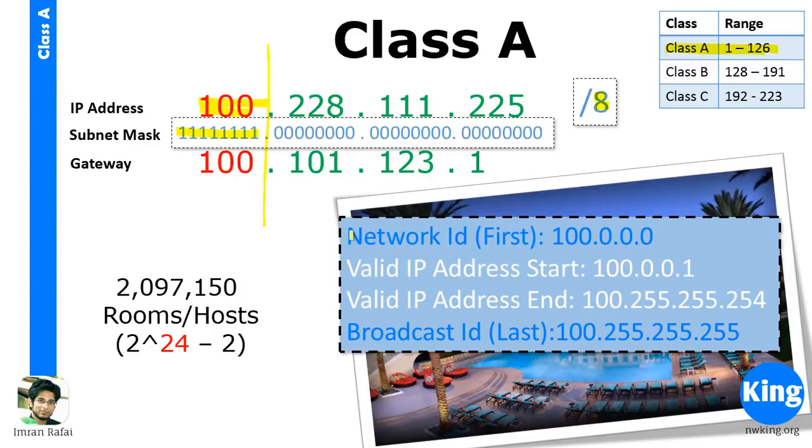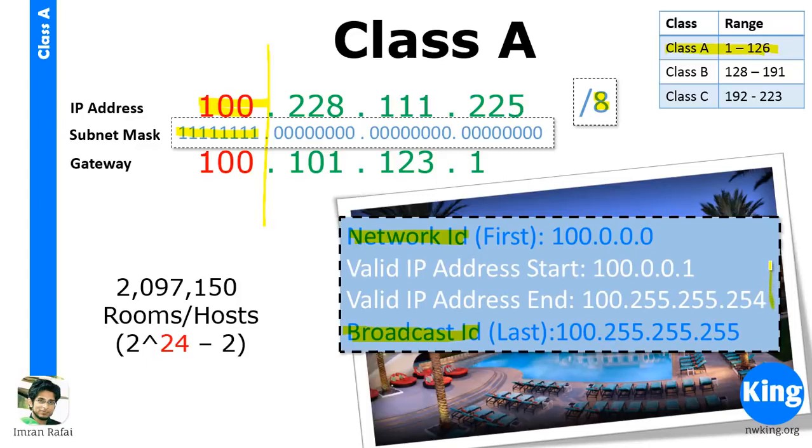Again, the network ID is made by making all the host bits zeros, so in this case it's 100.0.0.0 as the first IP address of this network, and the broadcast ID is made by making all the host bits ones. So 100.255.255.255 is the broadcast ID.